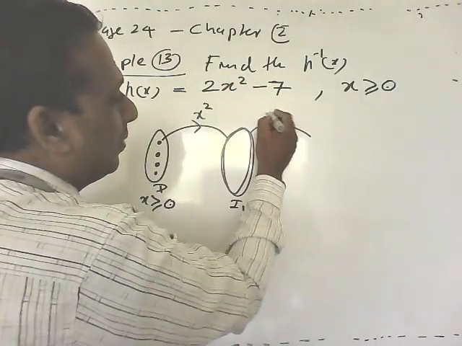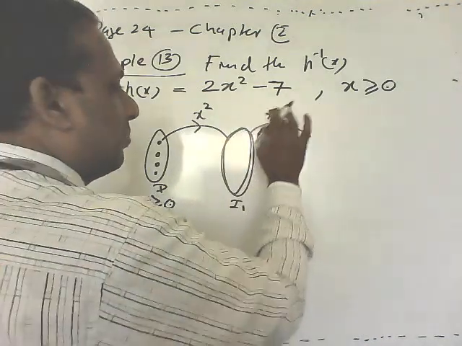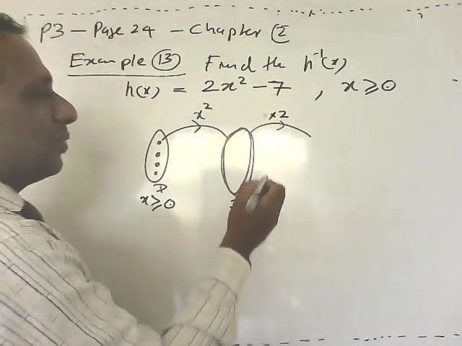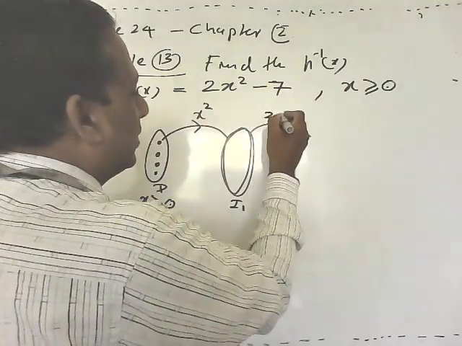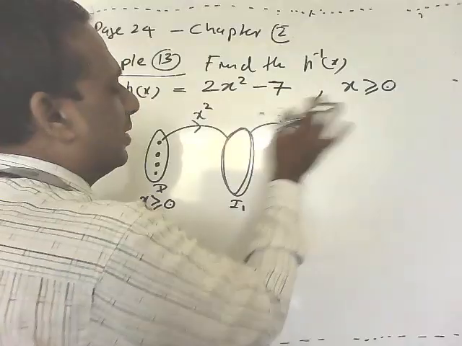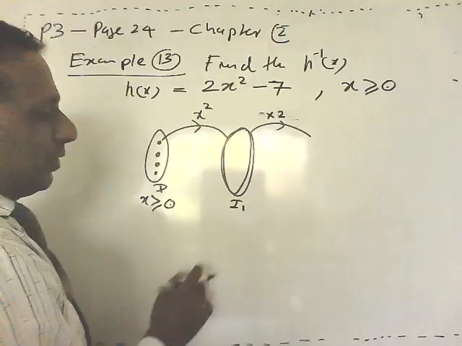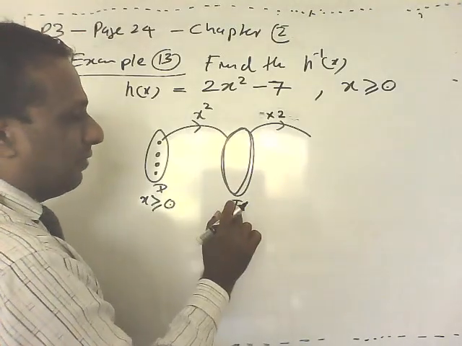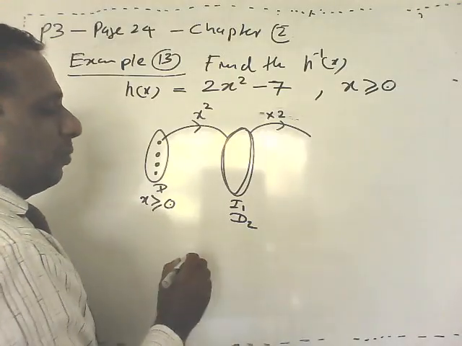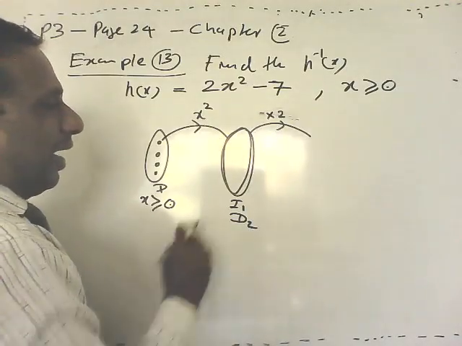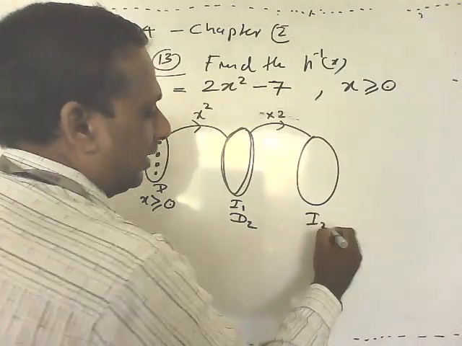I don't want to write 2x squared because it's ambiguous, so we will say multiply by 2, after the square. Then image 1 becomes the domain for this function, and it produces another image, image 2.